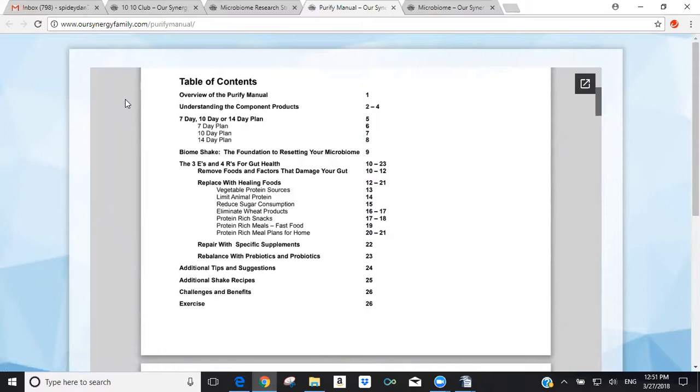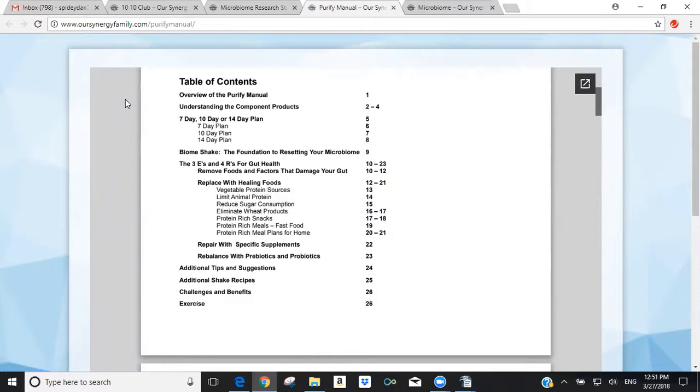remove 2 meals with the Biome Shake. So we've got a 10-day plan and a 14-day plan. We teach you how to modify the 7-day plan so that it can fit the lifestyle of the individual that you're talking to. If they only want to replace 1 meal on a daily basis, then the 14-day plan will show them how to do that.